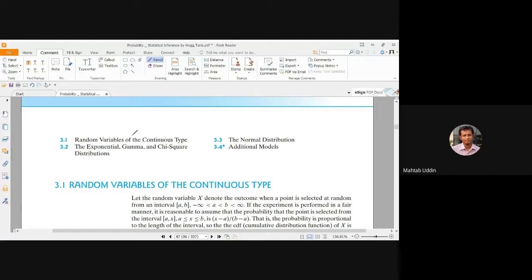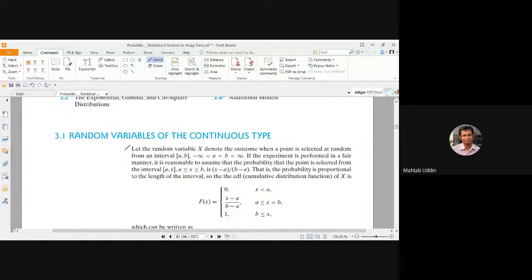That is, we cannot count them like 1, 2, 3. But we can say the values lie between A to B. Say lie between 3 to 7. Say lie between 0 to 2. That is, instead of the values you will get some intervals.